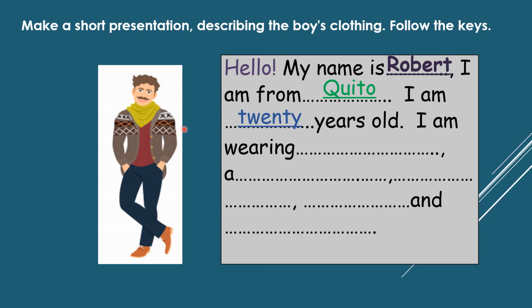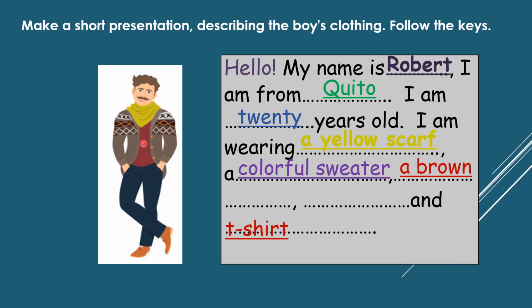A ver, empezamos. Aquí tenemos a yellow scarf. Continue. A colorful sweater. Notice the sweater. Note el saco. Another brown t-shirt. A brown t-shirt. Next, blue jeans and yellow shoes.